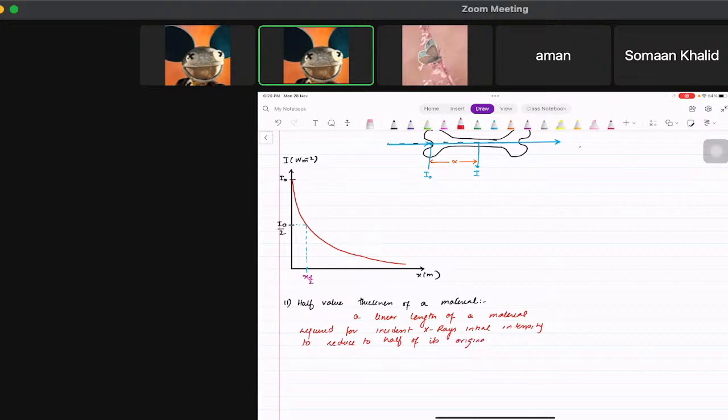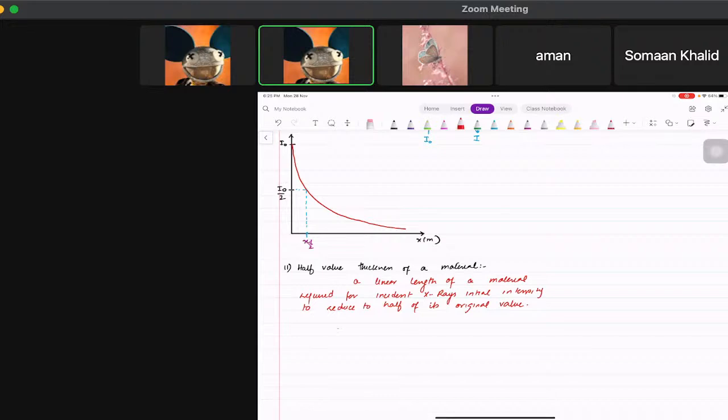So this is exactly like half-life, it is half value thickness. Remember that this is a scalar quantity. The SI unit of thickness would obviously be a length, meters, and the symbol that we use is x with half in the subscript. So we're not halving the value, it's just the whole thing. Is that clear, everybody?